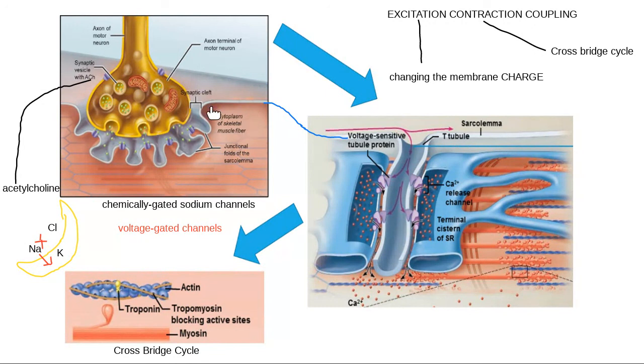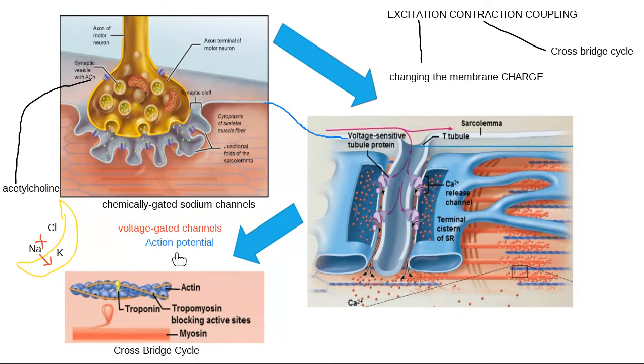Because if I change the membrane charge right here, that makes this area start to get a little positive, which will make me open up those channels here, which will make this part get positive, which brings in enough sodium to make this part a little positive. We're generating something that's called an action potential.